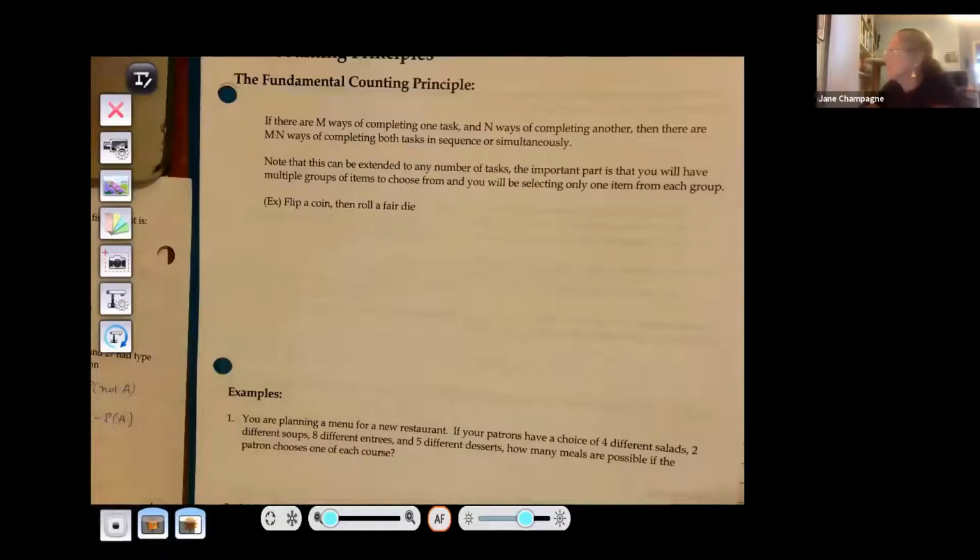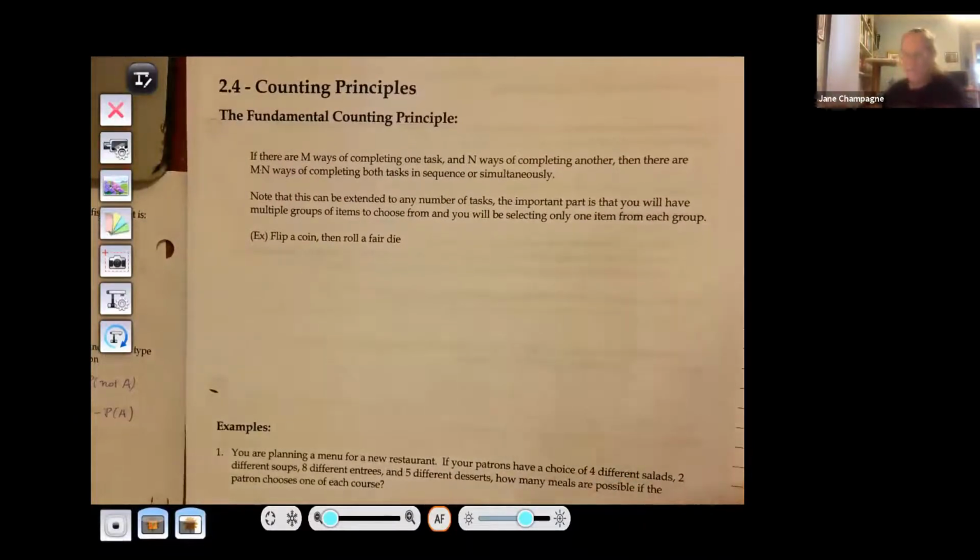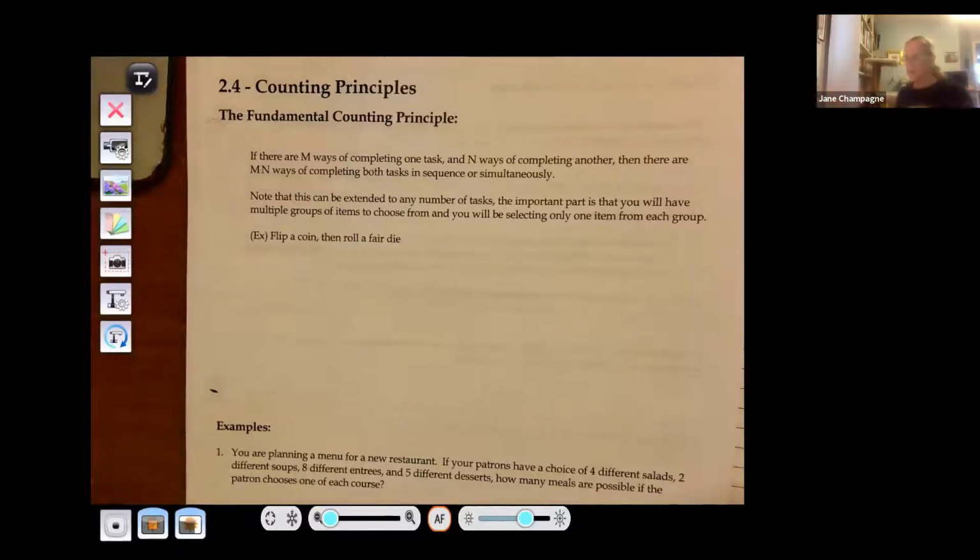And so we have these kind of tricks for calculating these things. So, page 50 in your worksheet talks first about what's called the fundamental counting principle. And all of the counting rules are kind of based on this one.